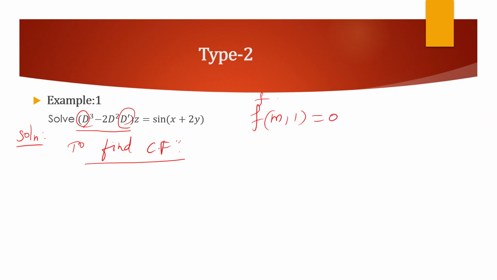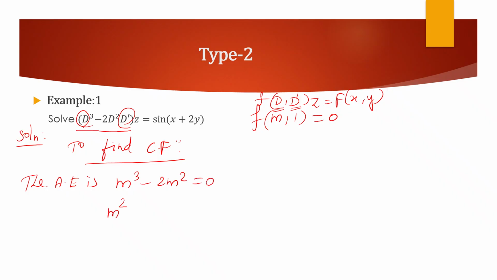Actually we have f of d comma d dash into z is equal to f of x comma y. So this is our given form. By replacing d as m and d dash as 1 and equating that to 0, we get our auxiliary equation. Here the auxiliary equation is m cube minus 2m square is equal to 0.